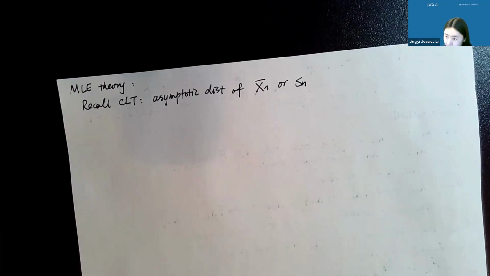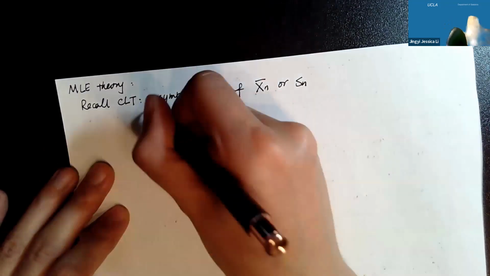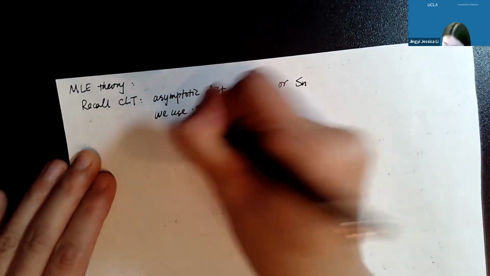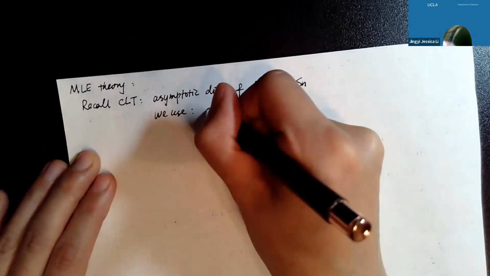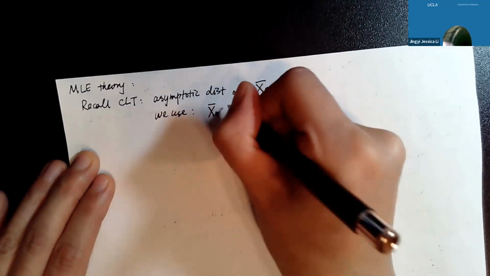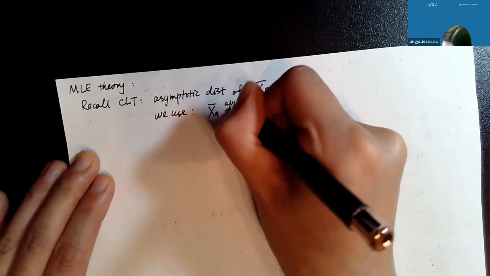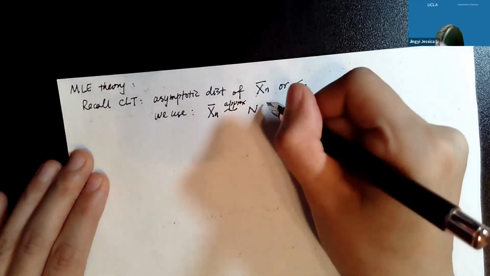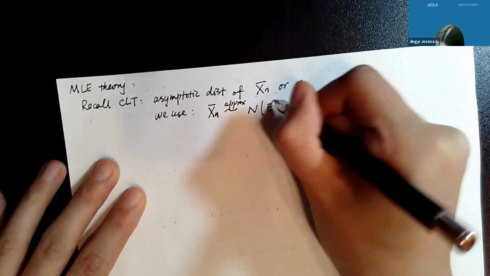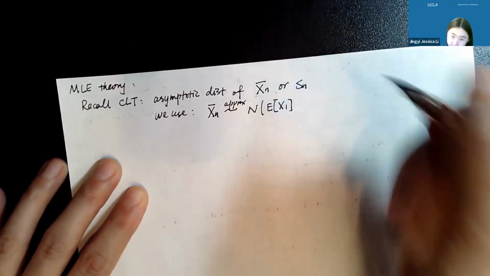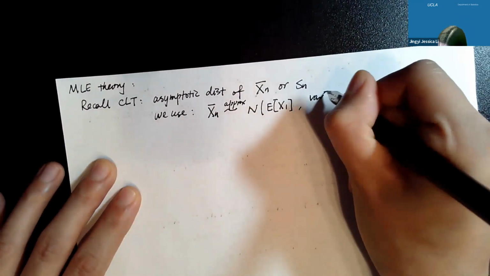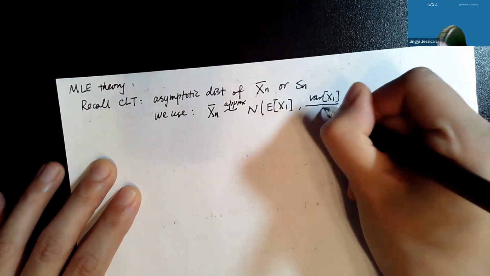Recall that in our applications, what we use is this approximate distribution. We said X n bar is approximately following a normal distribution with mean as the expectation of one random variable, let me just call it X1, and variance as the variance of X1 divided by n.